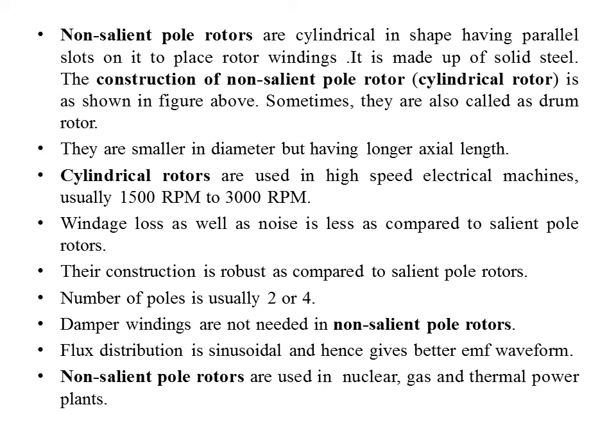Non-salient pole rotors are used in nuclear, gas and thermal power plants. So the number of poles is usually 2 or 4 and it is used for high speed applications, in high speed electrical machines, usually 1500 rpm to 3000 rpm.